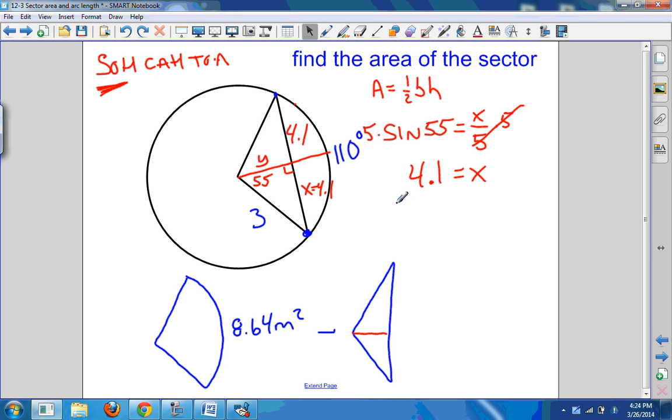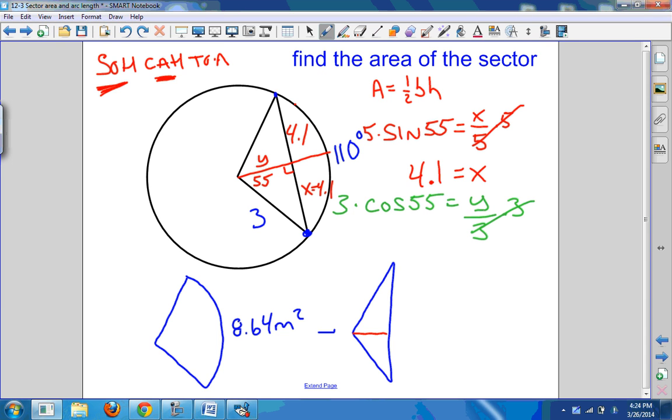So adjacent hypotenuse, we use cosine. Let me switch colors up here. So we could say the cosine of 55 is equal to the adjacent y over the hypotenuse 3. So in this problem, we're going to multiply both sides by 3 to get the y by itself. 3 cancels out, and we get y is equal to 3 times the cosine of 55.